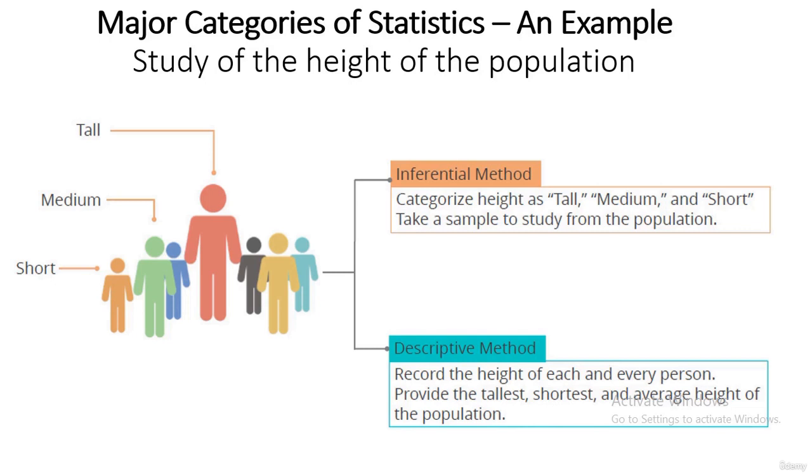So we provide the tallest, shortest and average height of the population. In the inferential method, we categorize height as tall, medium and short. Take a sample here to study from the population. That means we are taking a sample to infer, to conclude.